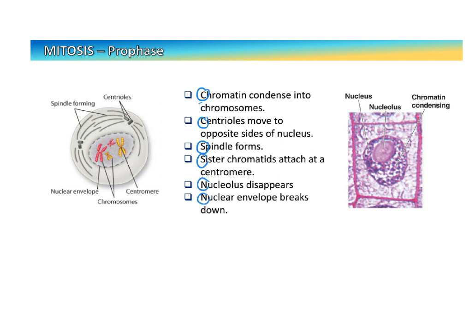The 2 C's will be the chromatin condensed into the chromosome, and the centrioles starting to move to the opposite sides of the cell, and the spindle fibers actually form. Then the spindle fibers will attach to the centromere, together with the sister chromatids. So they look like that.